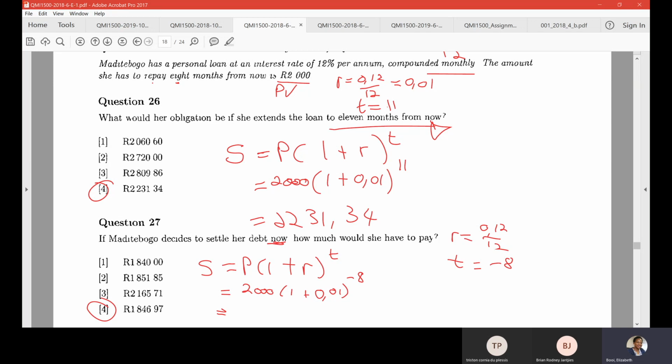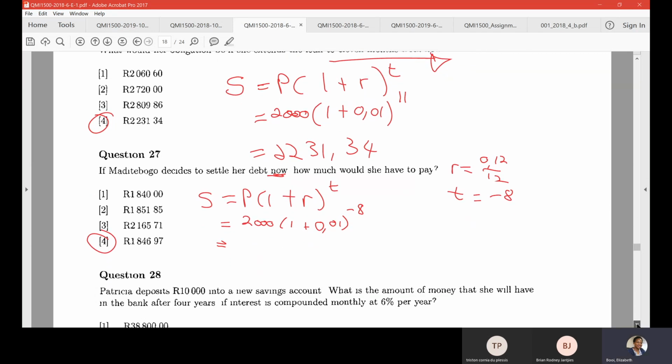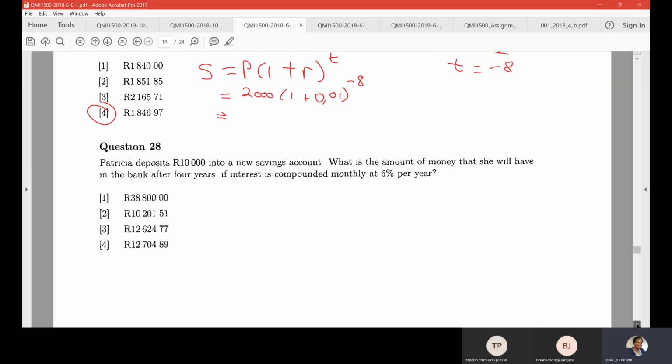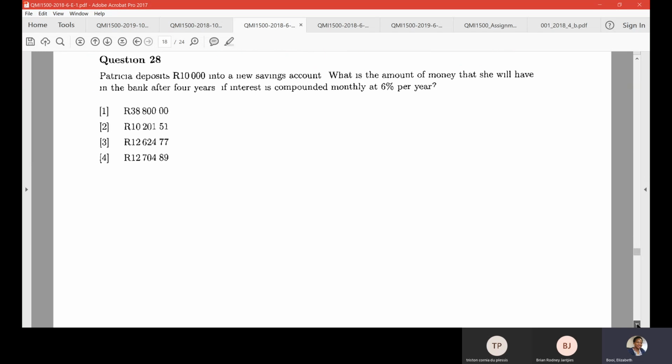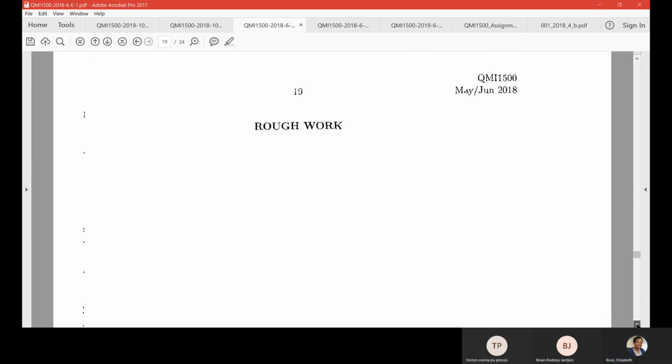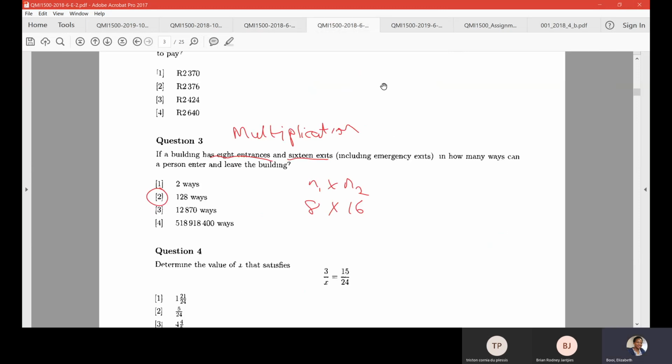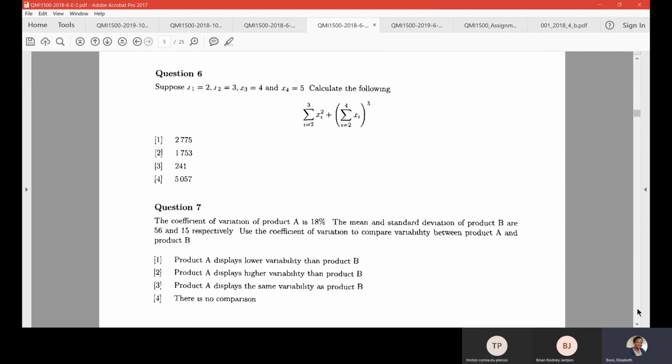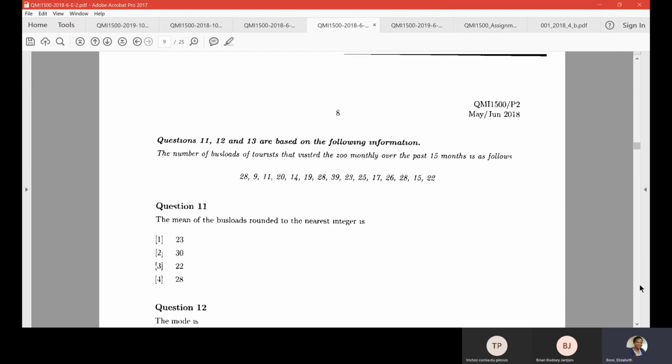Let's look for more exercises. Hope we'll find one. Let's see if in the same question paper they have. Nope, that's not. I don't think they will have another one. Okay, let's look at this one, it's paper 2.